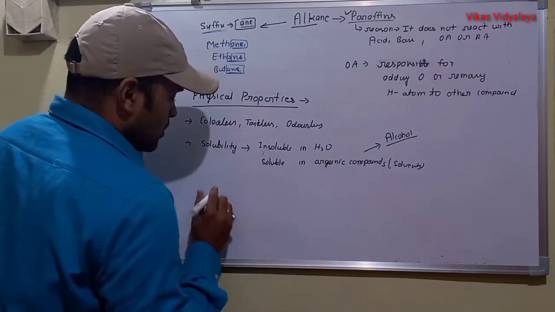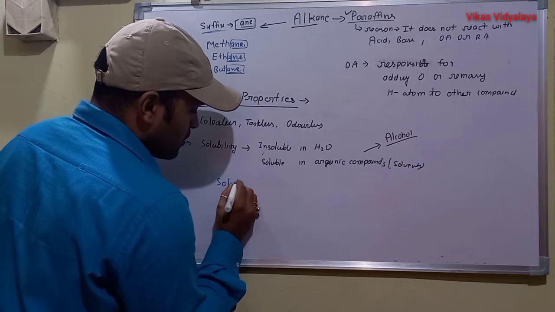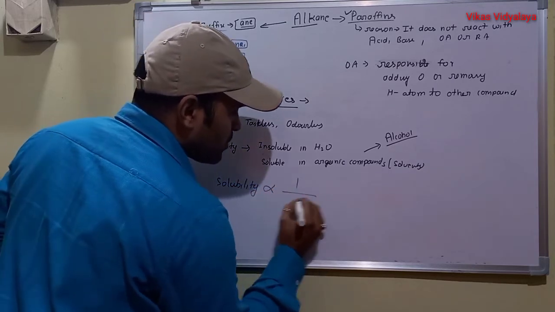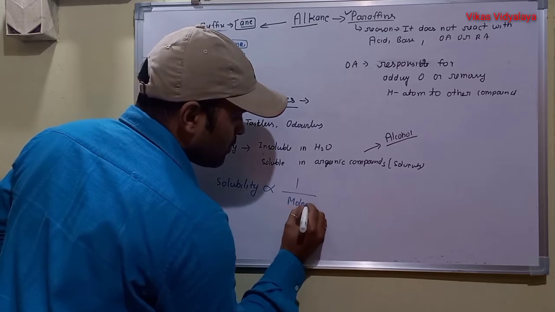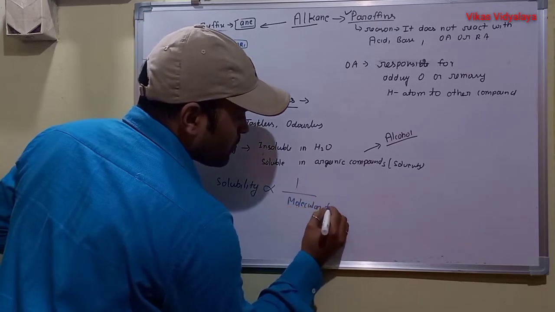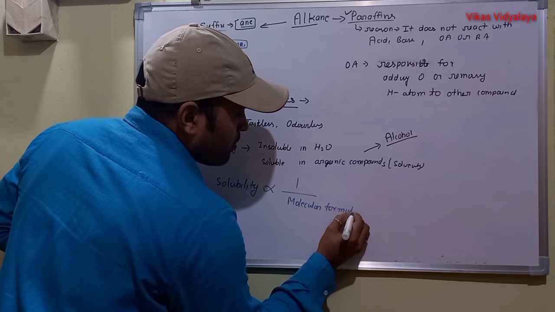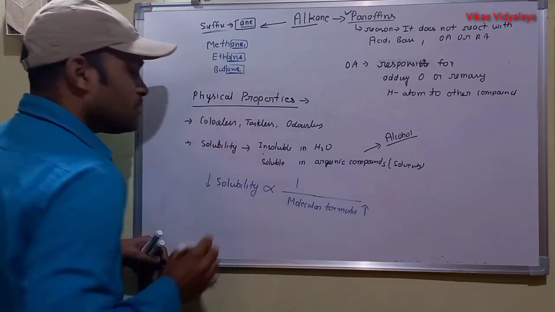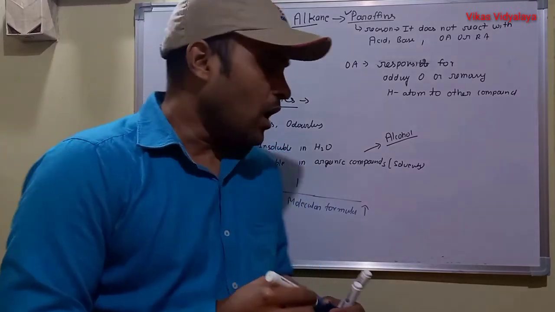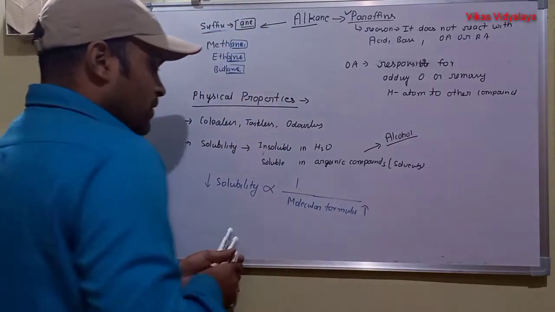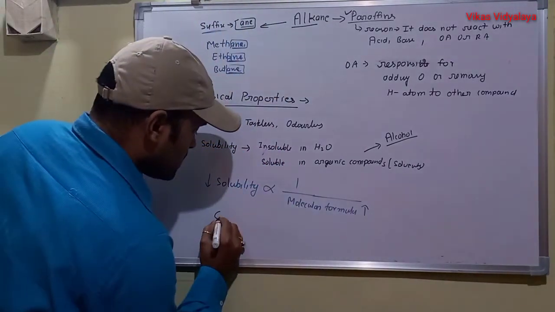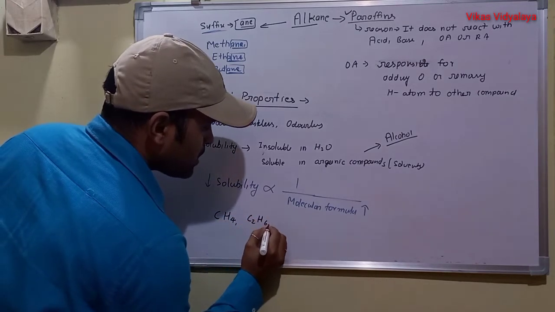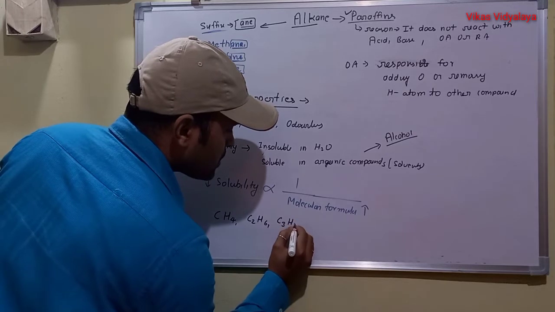Next, we will talk about a formula. Solubility of alkane is inversely proportional to molecular mass, which means if the molecular mass is high, then solubility is low. How will we take it? Like CH4, second C2H6, third C3H8.